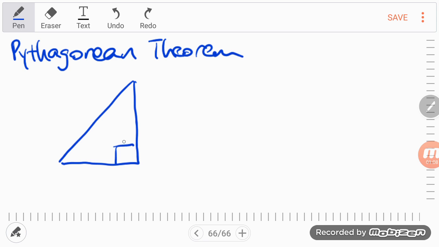For this right triangle, there's one side that's called the hypotenuse. The hypotenuse is the longest side in the right triangle, and it is always opposite of the right angle, all right? And this is just a leg, and that is another leg.